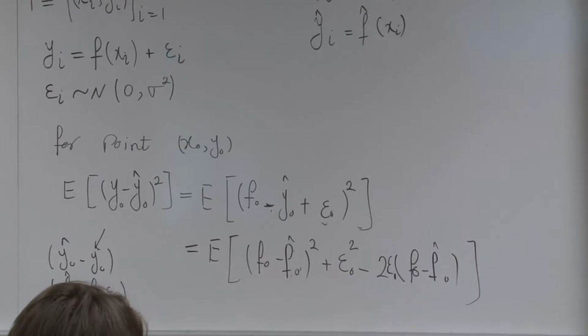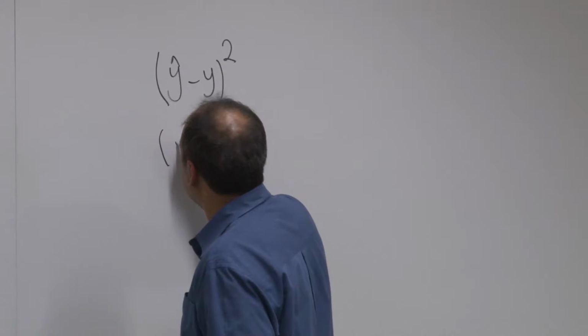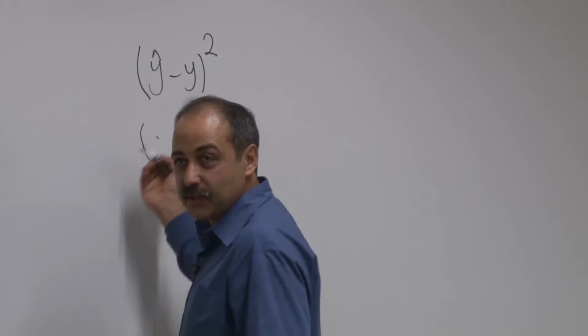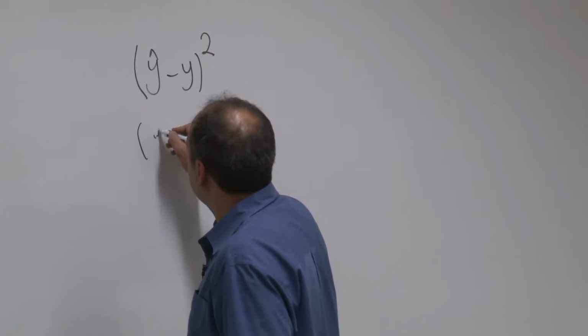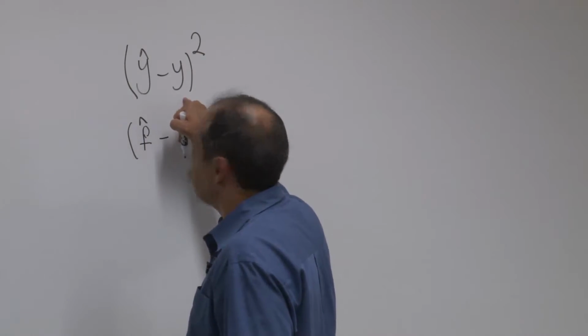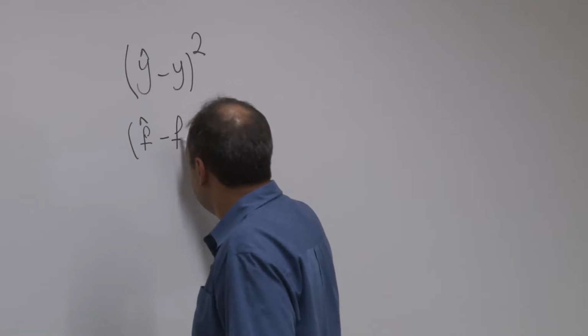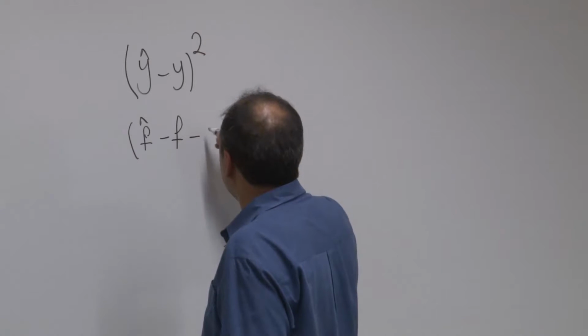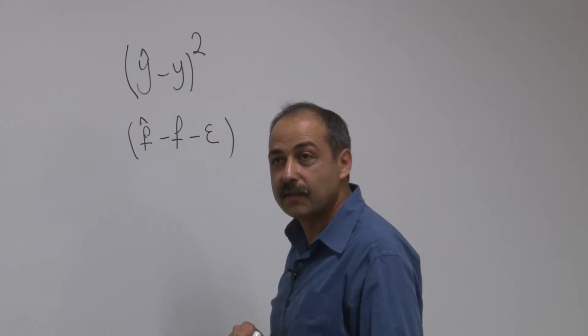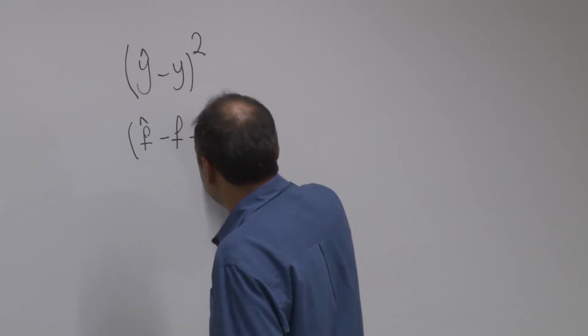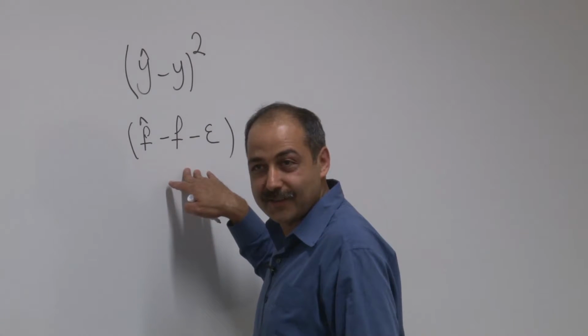I write it as y hat minus y squared. It makes no difference, it's a square. So it is f hat minus your y, which is f plus epsilon. Is that right? Okay, we are doing this again. This is right, confirm.